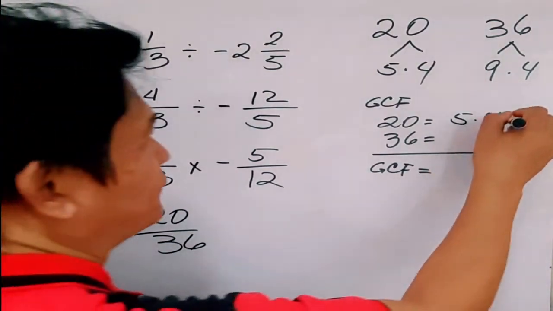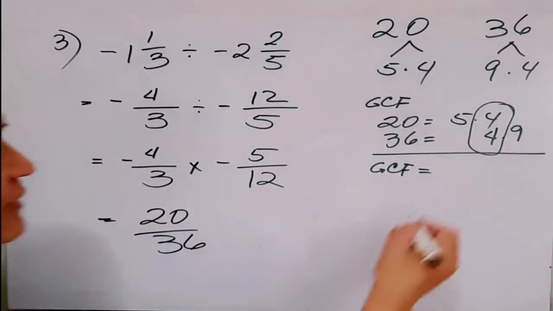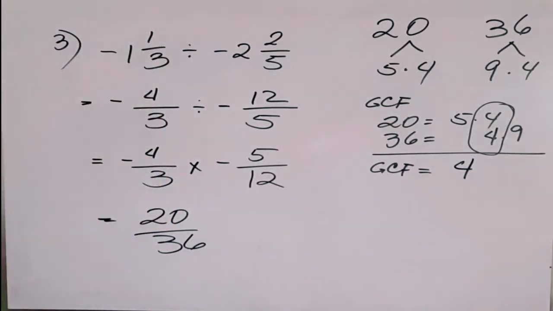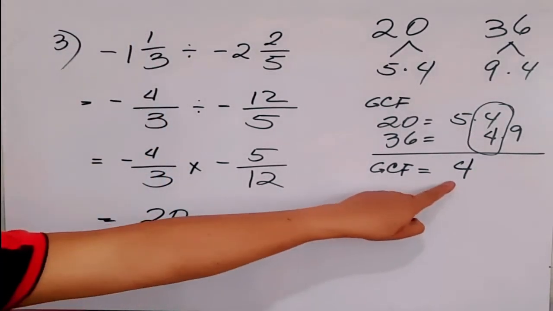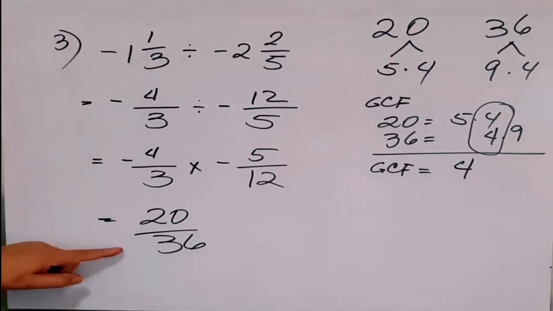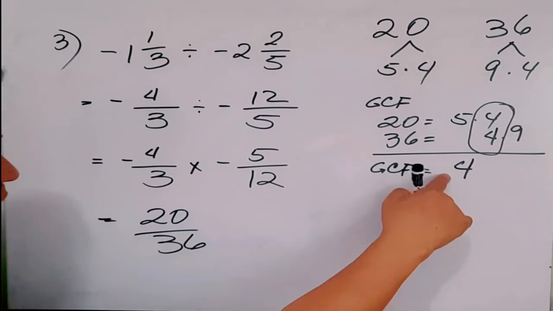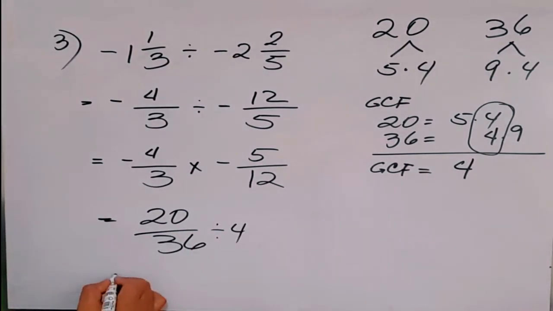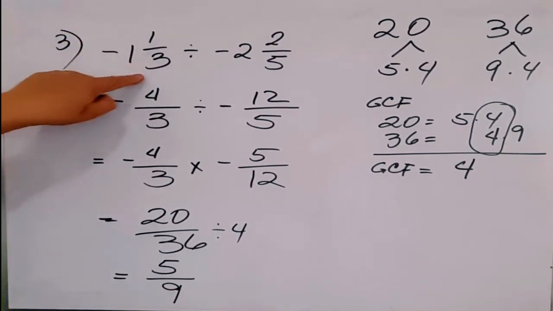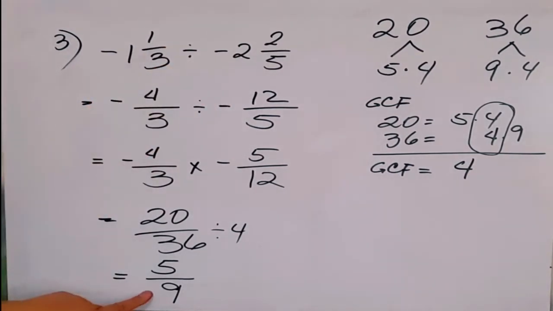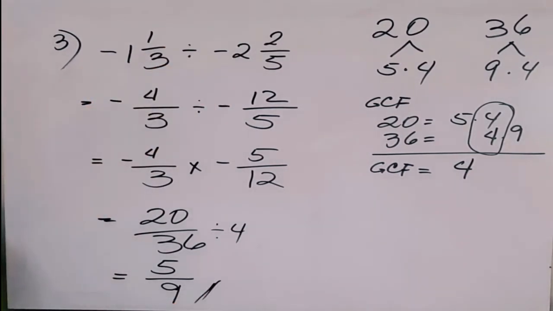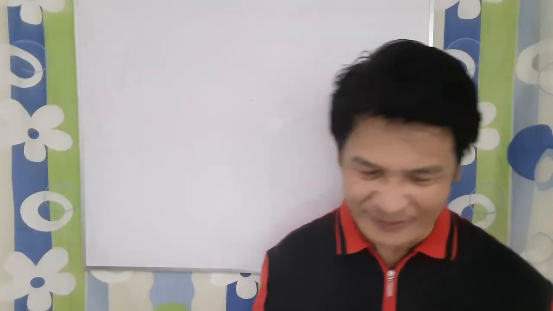We will bring down the common factor, which is 4. So the GCF of 20 and 36 is 4. We simplify 20 over 36 by dividing both by 4. So therefore, 20 divided by 4 is 5, and 36 divided by 4 is 9. So negative 1 and 1/3 divided by 2 and 2/5 is equal to 5 over 9. That is your answer. Get your paper and pencil and solve this.